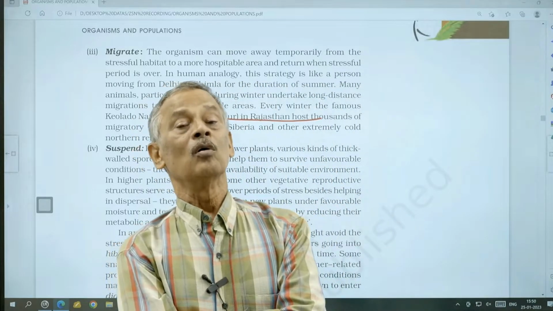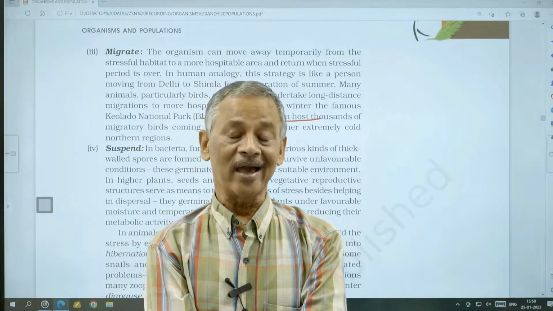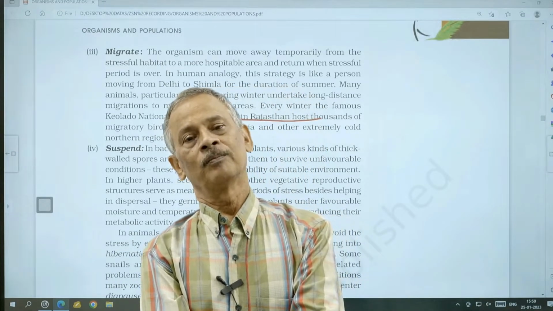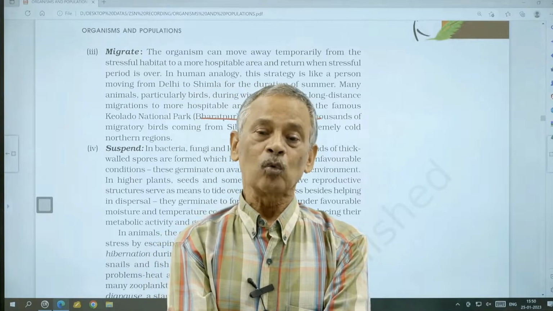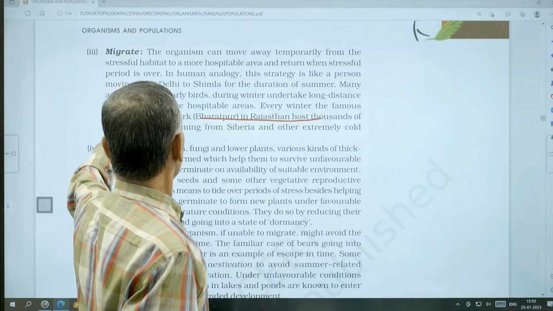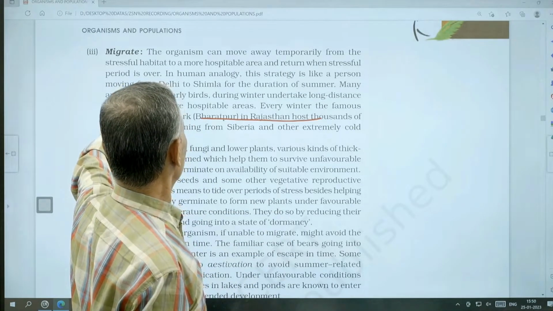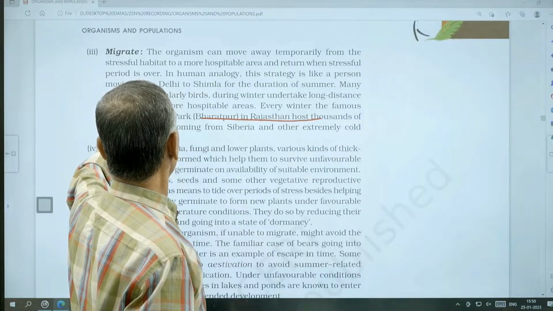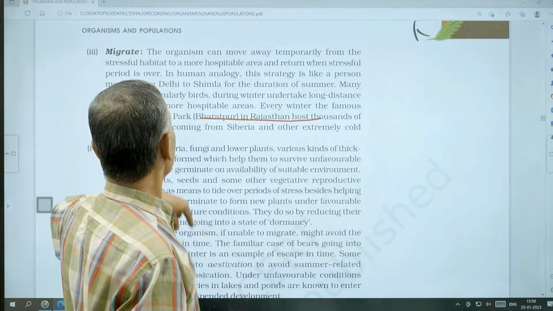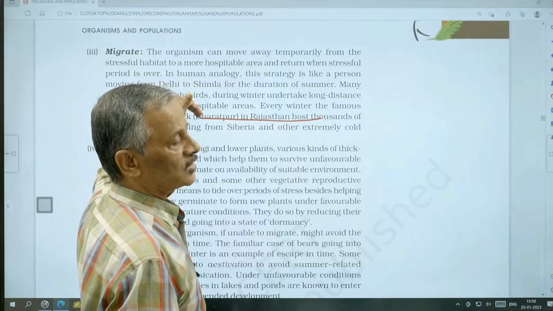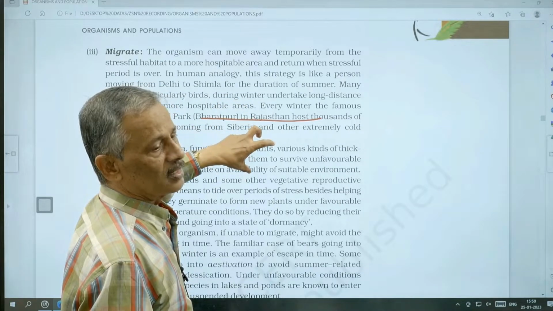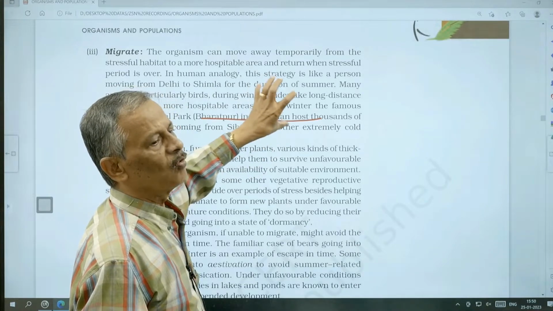Birds are characteristic. They show wonderful types of migrations, and they have a regular routine and calendar for migration. So birds even from the northern polar region will reach Keoladeo National Park, that is Bharatpur in Rajasthan, because birds are now coming to these areas where there is no intensity of winter.